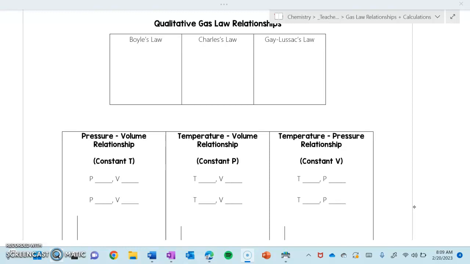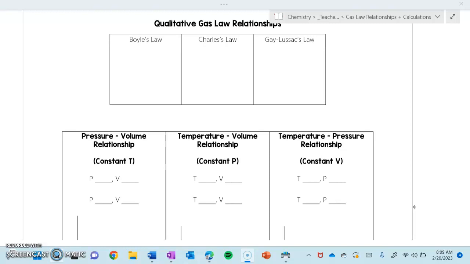So we have 3 gas laws, is what we call them, but really they're just describing relationships between pressure, volume, and temperature variables. The 3 gas laws are named after the 3 scientists who discovered these relationships. Each of these laws keeps one of the variables constant while the others are changing.